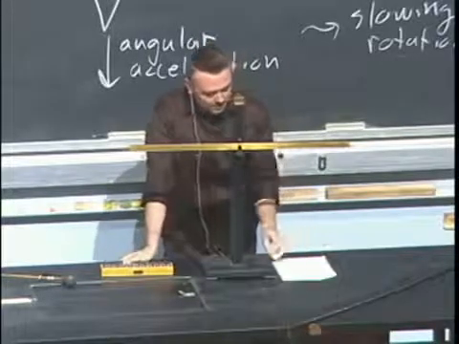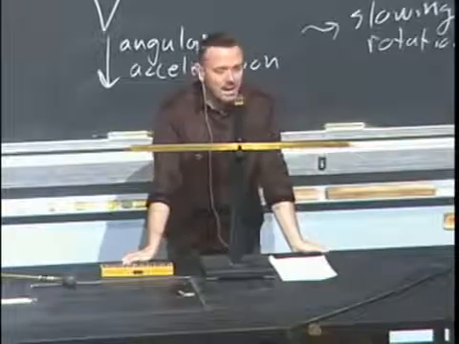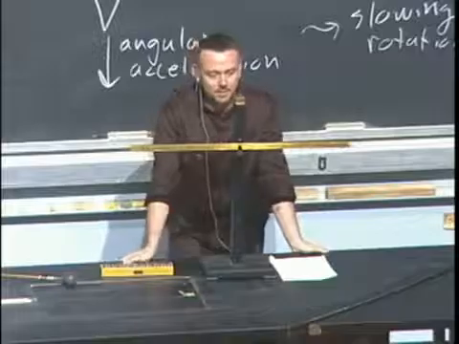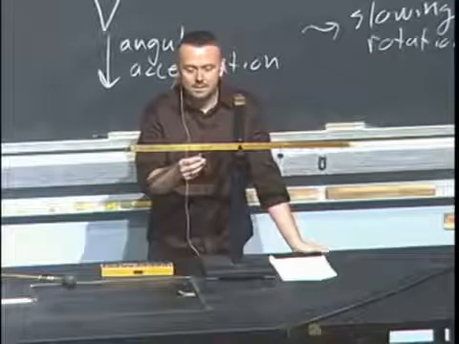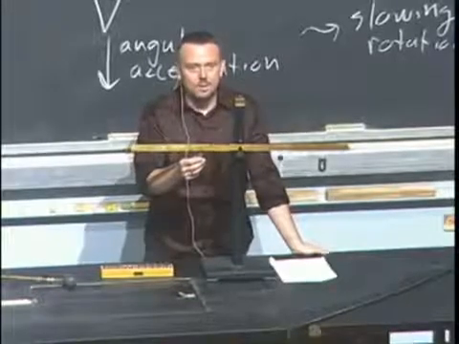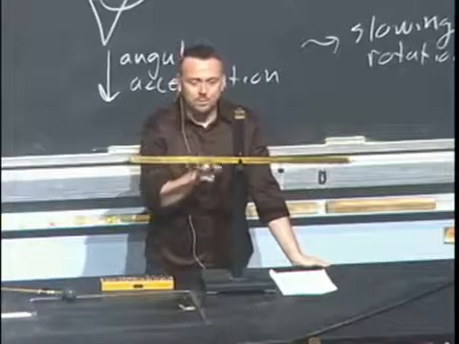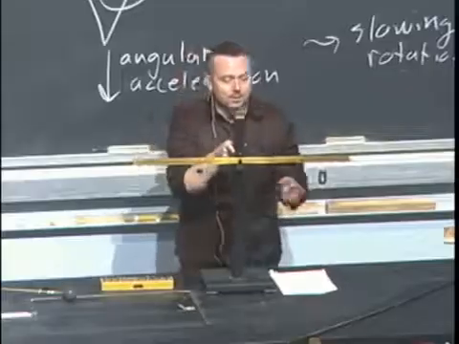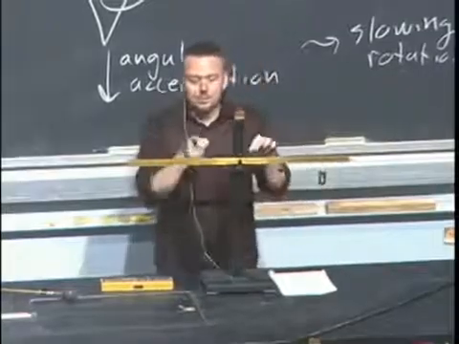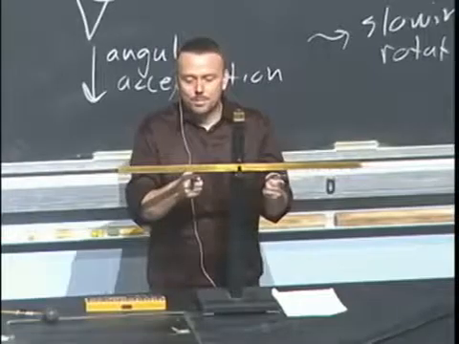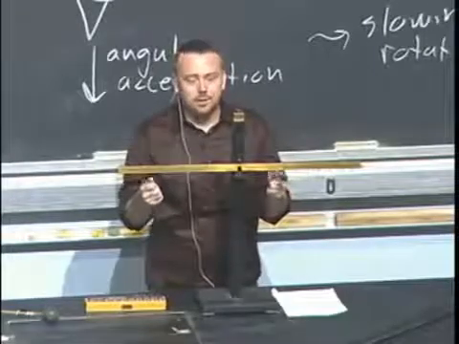Okay, so let's play around with this a little bit. Let's take this mass and move it out to the right. We're going to double the distance on it, so it is twice as far from the rotation axis as this one. So it's going to have the same force still as this mass, but twice the lever arm.